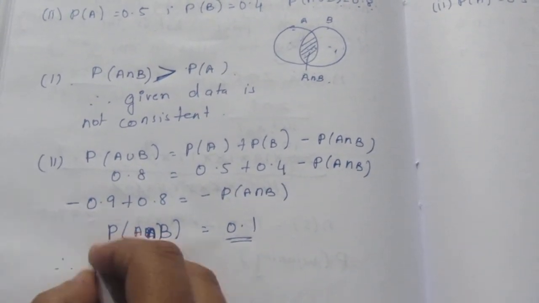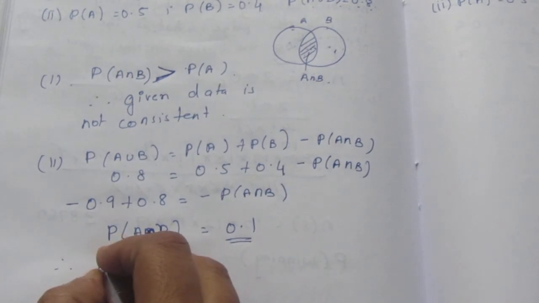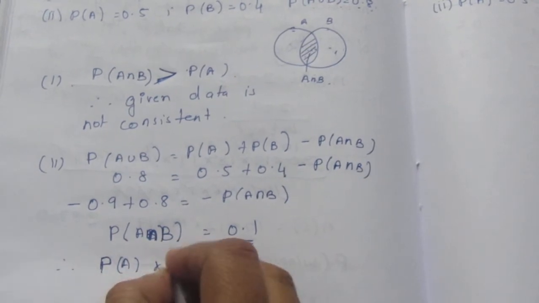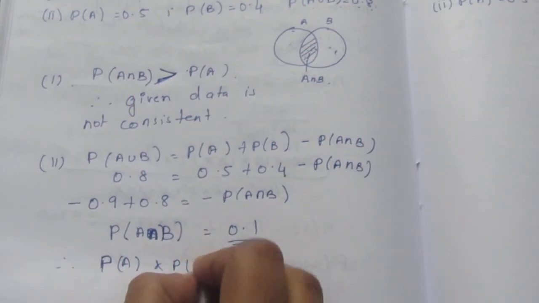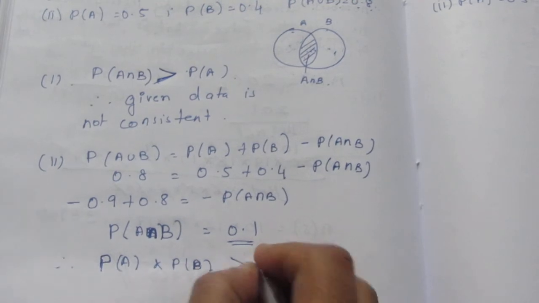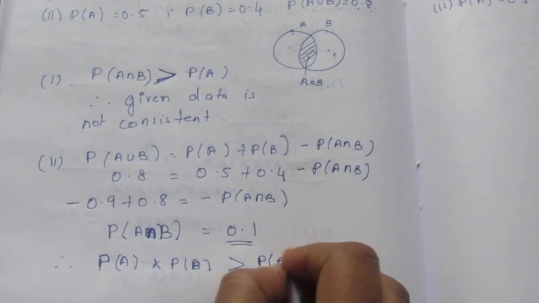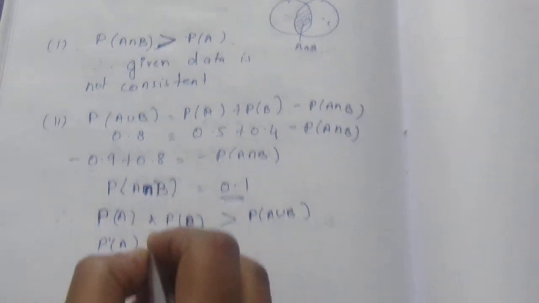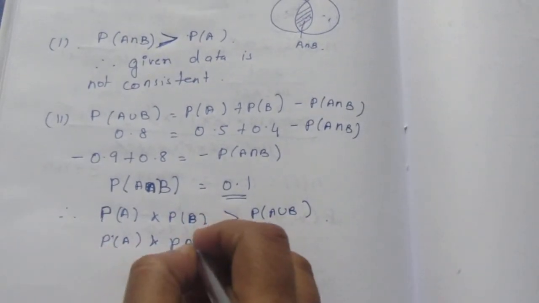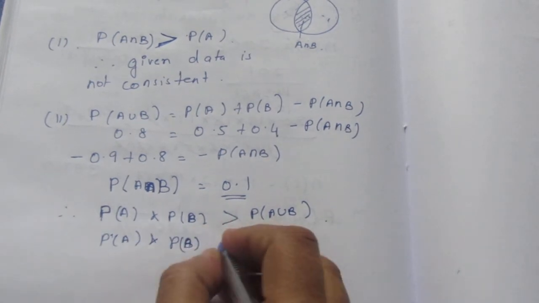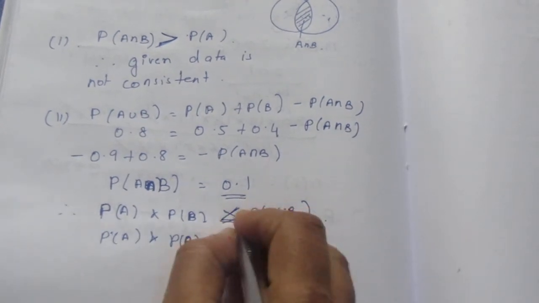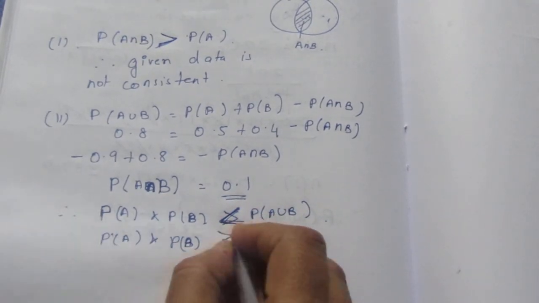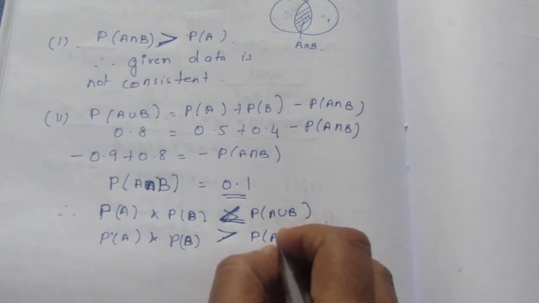So we can directly say P of A and P of B are smaller than P of A union B. Here P of A union B is greater and A intersection B is smaller.